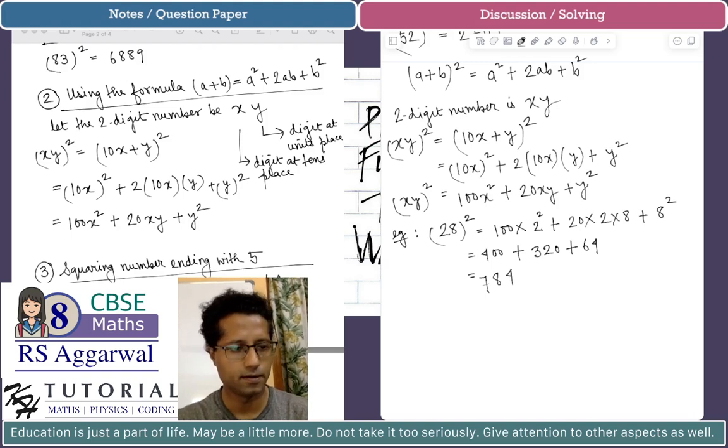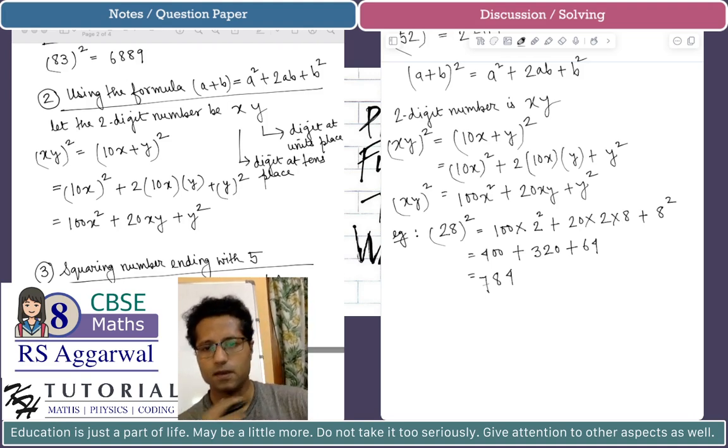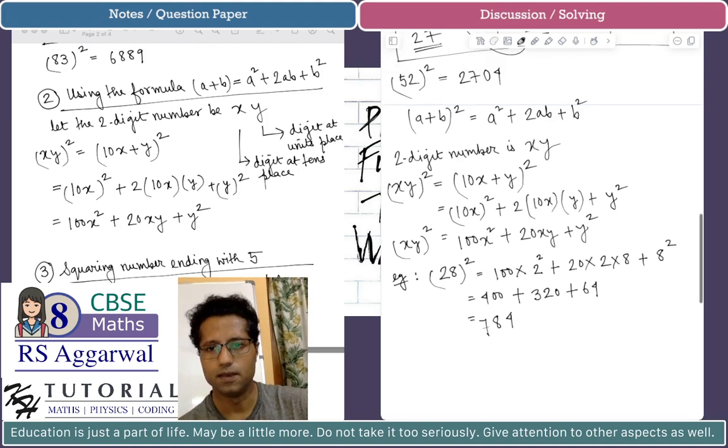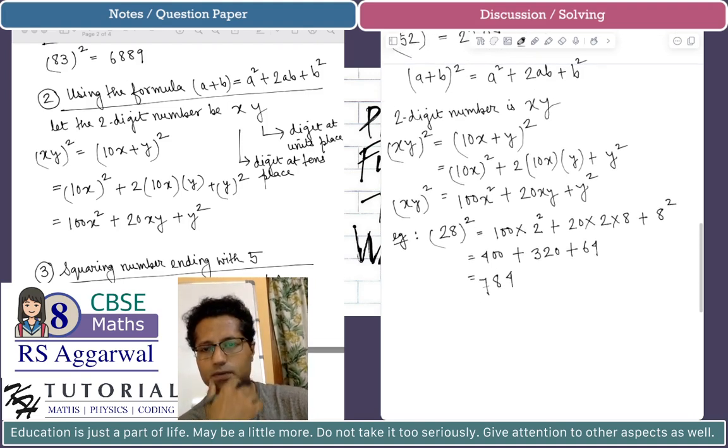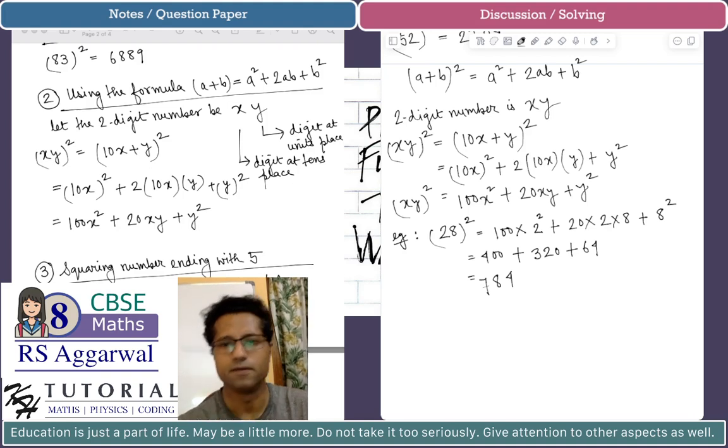So 28 multiplied by 28 is 784. Okay, fine. So in this way, you can find the square of a two-digit number using the formula a plus b whole square and the concept that any number xy, where x is the digit at the tens place and y is the digit at the units place, will be 10x plus y.